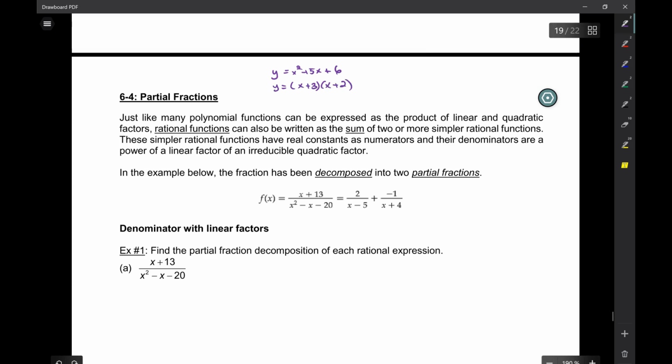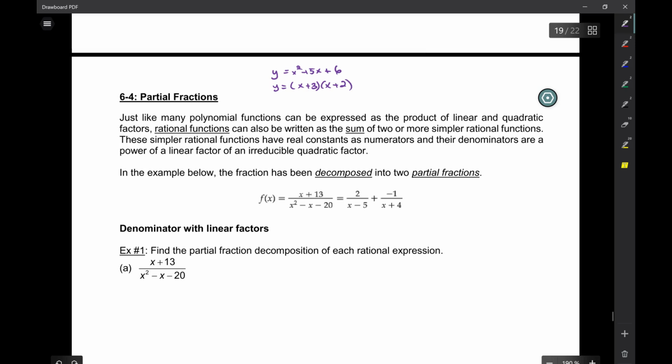When you do that, you've broken it down into simpler expressions from which this one is composed. So we know how to do this almost instinctively. We know how to express a polynomial function as a product of linear and quadratic functions, right? So we can do that for polynomial functions.